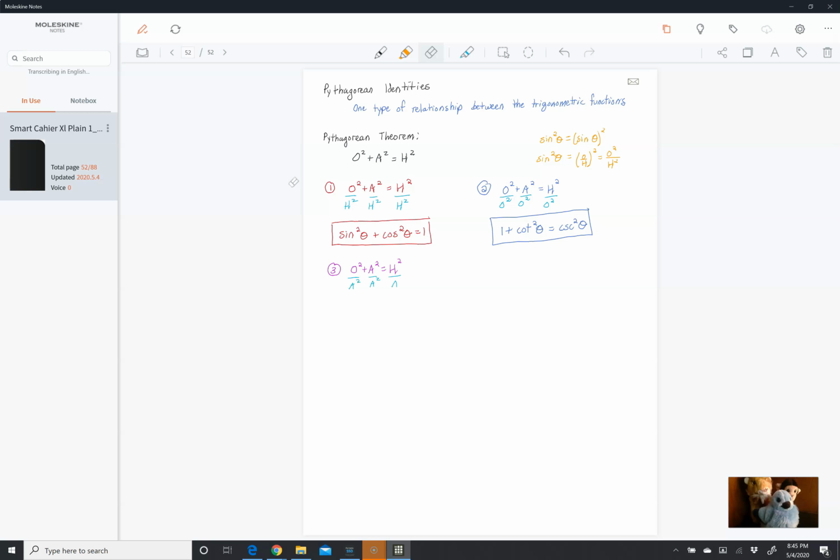And it's okay to do this because we're not changing the value, right? This is still Pythagorean theorem. We haven't changed the value because we're dividing everything by the same thing. So this is still an equation, okay? And here we get our third one. O over A is tangent, so we get tangent squared. A squared over A squared is 1. And H over A is secant.